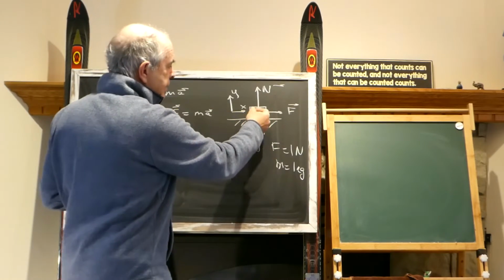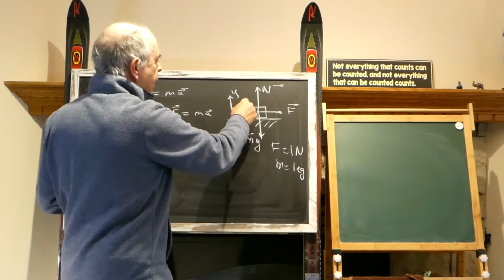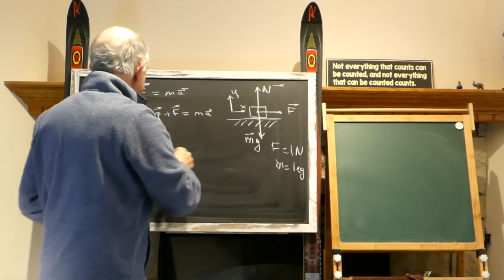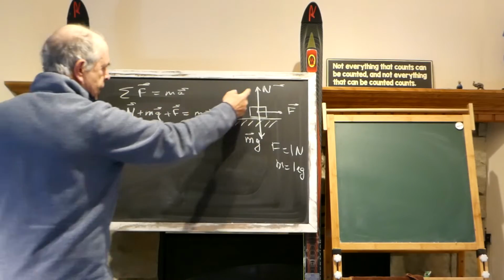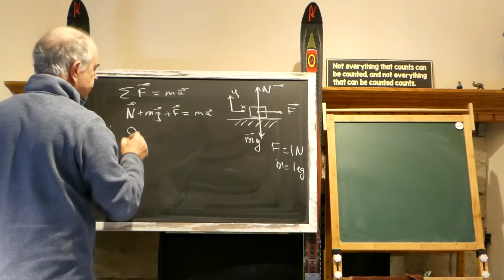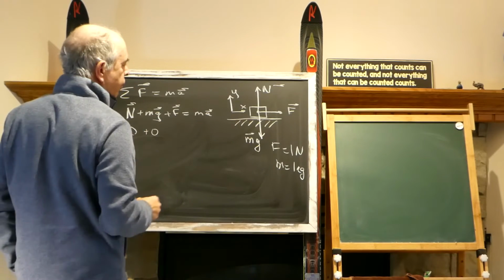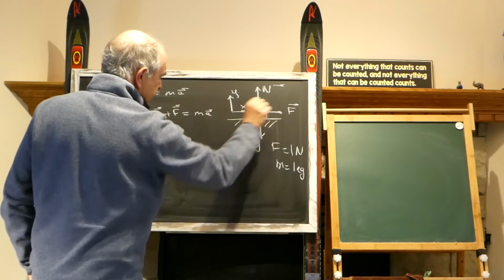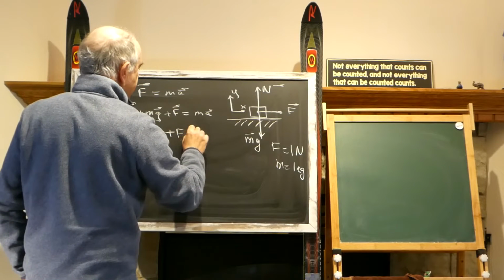This math is very simple because everything is perpendicular to each other, and we put x in this direction, y in this direction, and we write this in projection. We project N on x and we receive 0. We project mg and we receive 0. We project F: F is going that way, x is going that way, so it would be plus F.